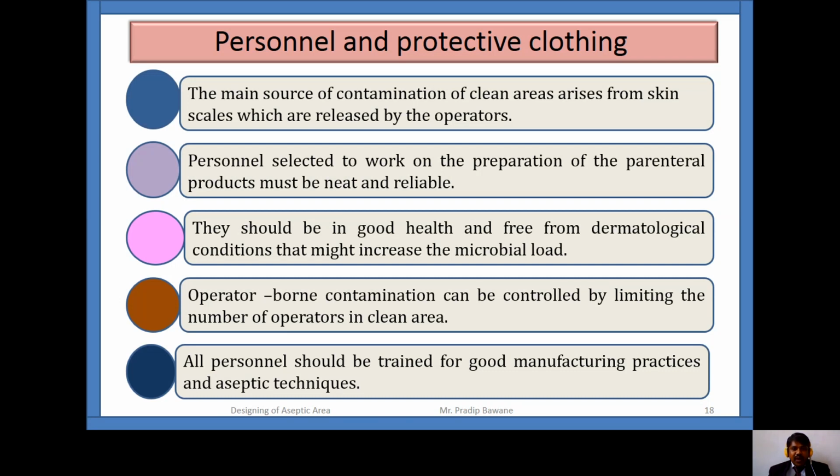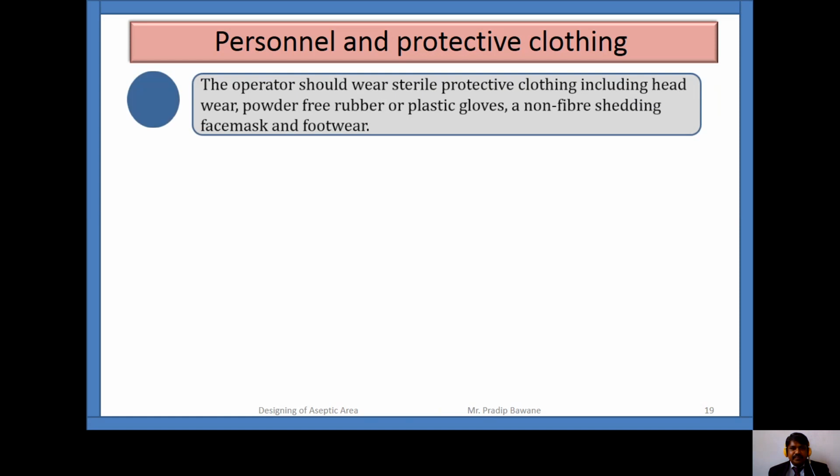So how to handle the material within the aseptic areas, how to fill the material, and what the different equipment to be used in the aseptic areas are. The persons working in that area should know this very well, and that is why the personnel have to be given training for good manufacturing practices and aseptic handling.